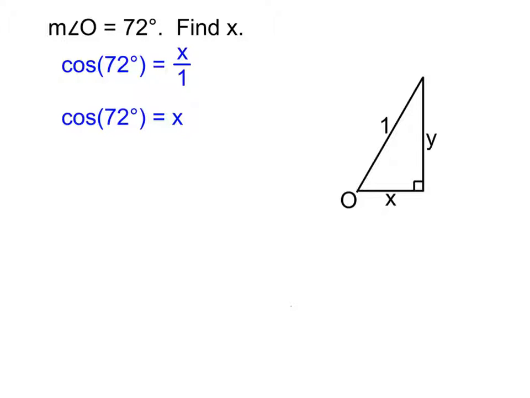Which means that in order to find x in this setup, we don't need to multiply both sides by anything, or divide both sides by anything. All we need to do is cosine of 72 degrees. And that is all. When you do that calculation, you should get an answer of x is about 0.31. Check that in your calculator and make sure you are in fact in degree mode.